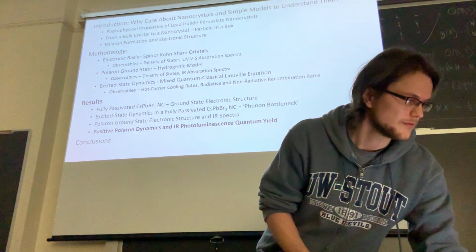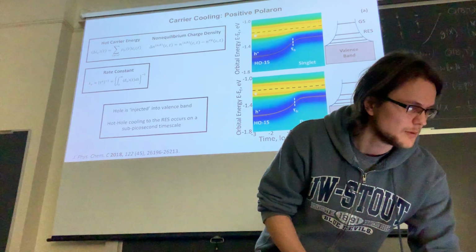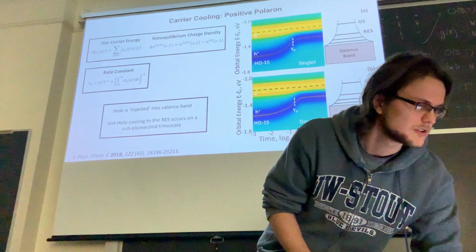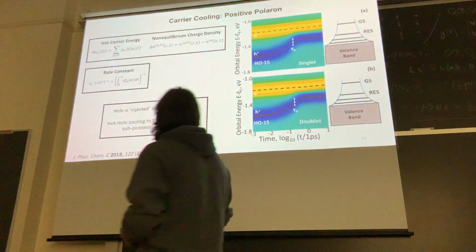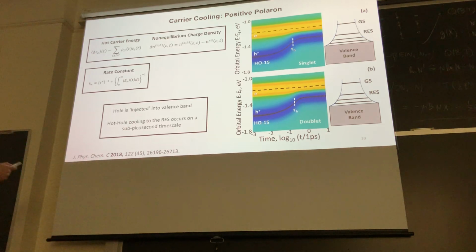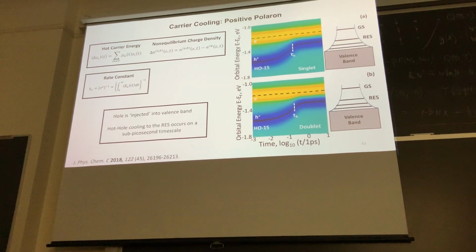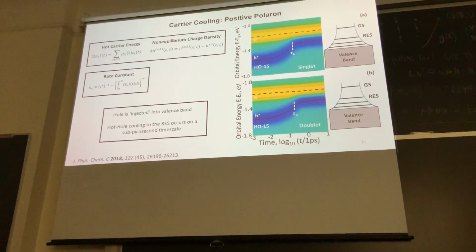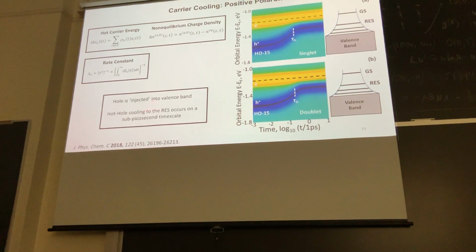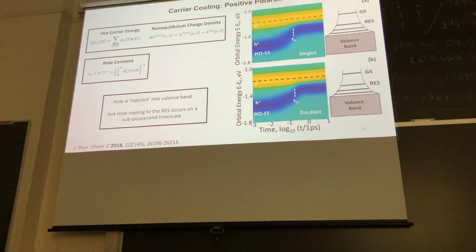And then for the last couple of minutes, we'll look at the dynamics for these polaron models. And so these are similar green figures as before that we saw. So they just correspond to polaron cooling. And so I put these visualizations here to kind of help interpret what we're trying to model for these.